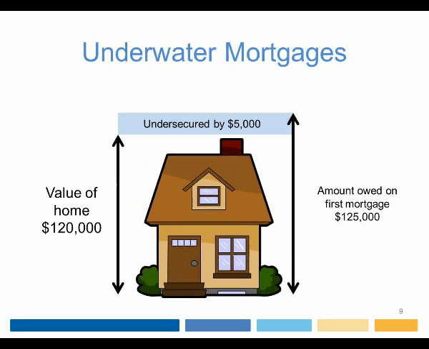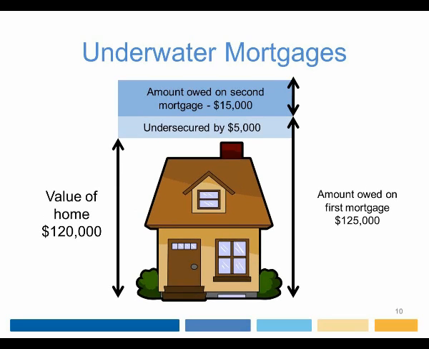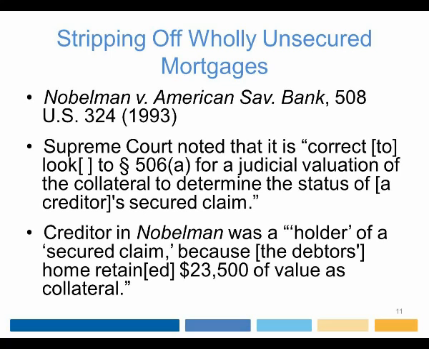The first mortgage is undersecured by $5,000, and the second mortgage is completely unsecured. Think of that 506(a) analysis: the creditor only has a lien up to the amount of the value of the property, and here that second mortgage holder has no value to support that lien. It's completely unsecured. So what can we do in Chapter 13 with that second mortgage that's completely unsecured?